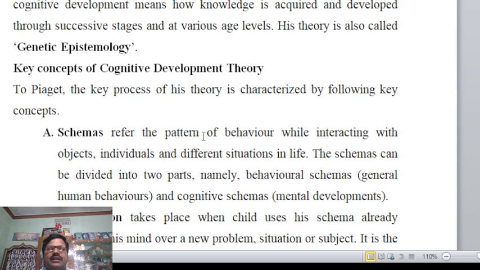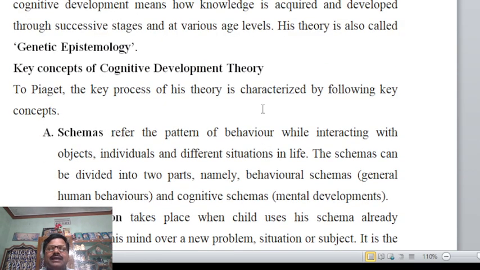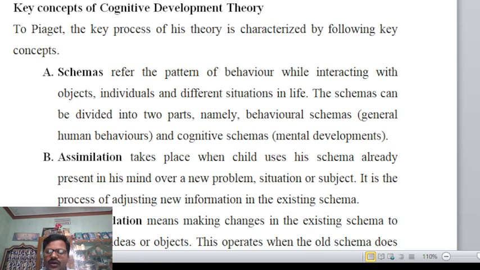Try to understand. The theory of Jean Piaget is otherwise known as genetic epistemology. So let us discuss what are the key concepts of cognitive development theory.